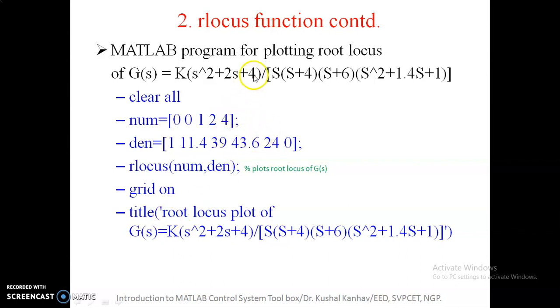Starting from s to the power 0 it is 4, then for s it is 2, then for s square it is 1, and the remaining 2 powers of s are missing in the numerator, so they are replaced by zeros. So the length of the numerator and the denominator coefficients of the polynomial should be the same. It should be maintained the same while writing the program. This we have to take care of.